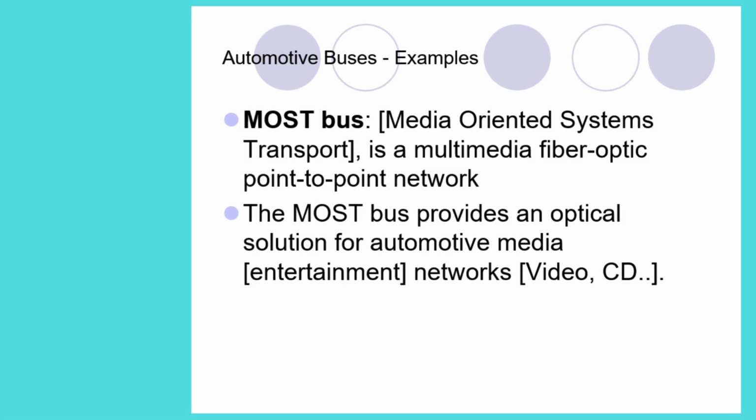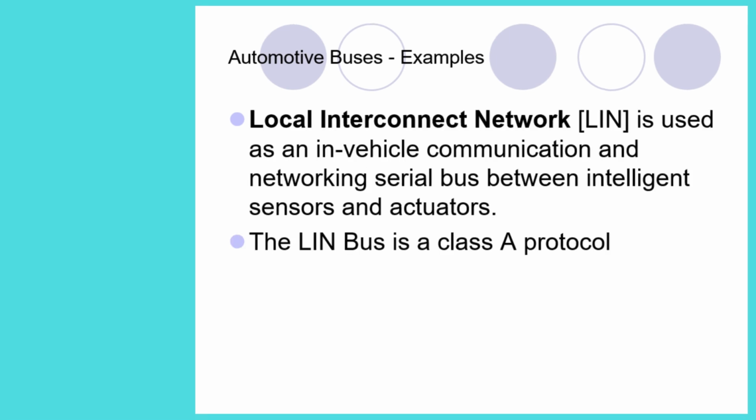Media-orientated systems transport, MOST, is a multimedia fiber optic point-to-point network. The MOST bus provides an optical solution for automotive media and entertainment networks, for example video and CD. Local Interconnect Network, LIN, is used as an in-vehicle communication and networking serial bus between intelligent sensors and actuators. LIN bus is a Class A protocol.